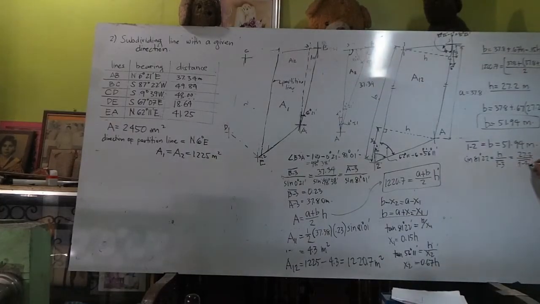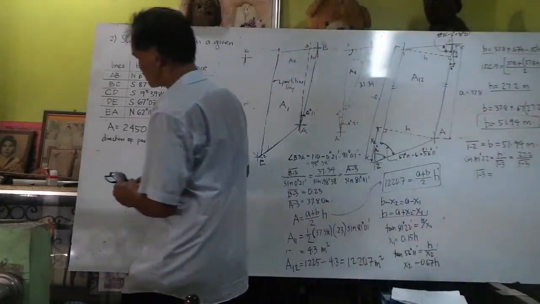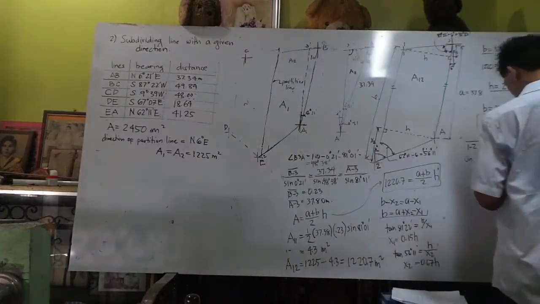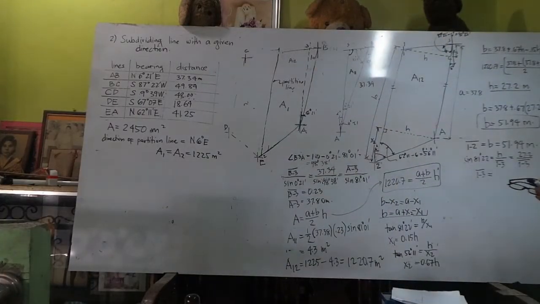Then you will have the value of line 1-3, which is equivalent to 27.2 divided by sine of 81 degrees 22 minutes. So you have a value of 27.51.